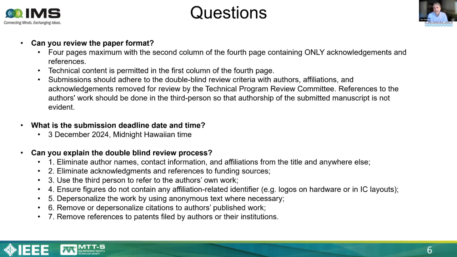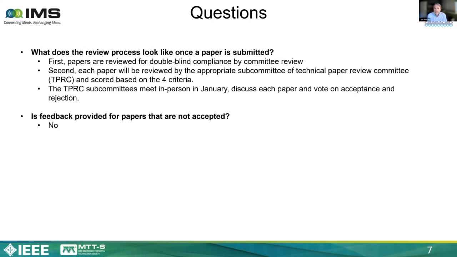It's usually a publicly available document. So for the double-blind process with the IEEE, we ask that you remove references to patents filed by the authors or their institution.